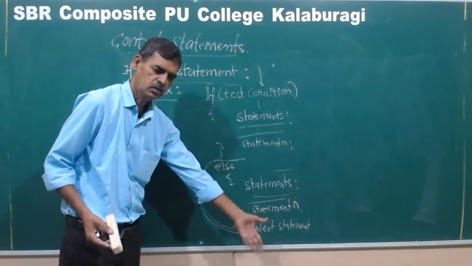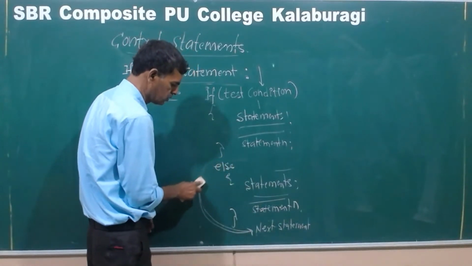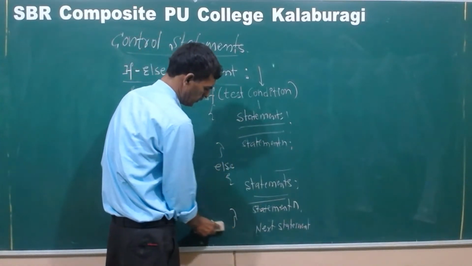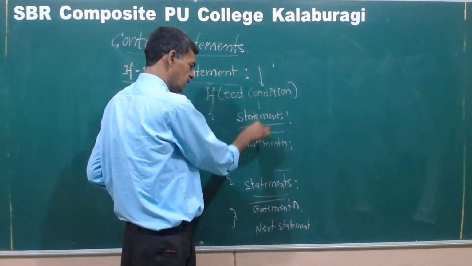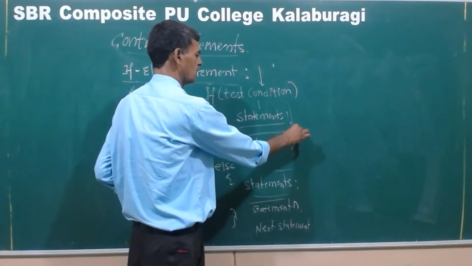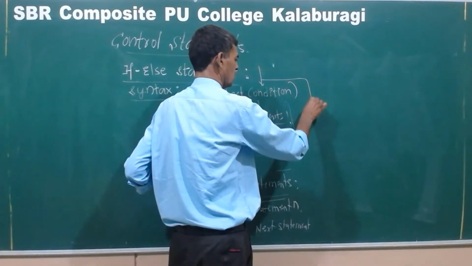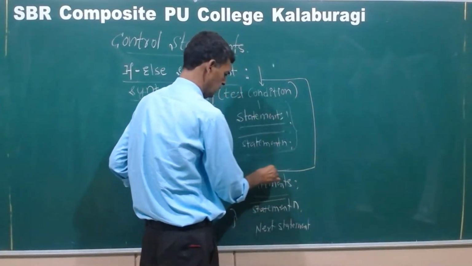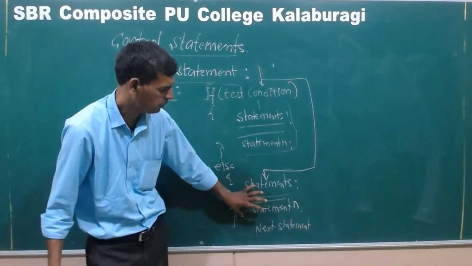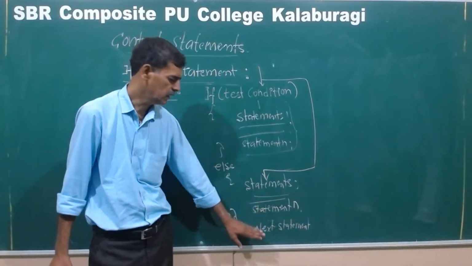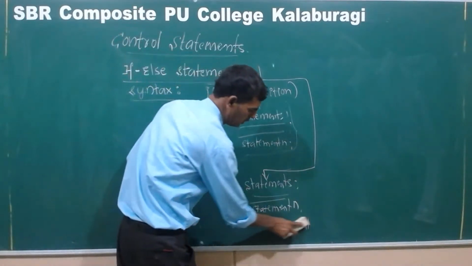Then it proceeds. If test condition is false, these statements are skipped. Control goes here, it goes to else part and statements in the else part are executed. Then it goes to next statement.